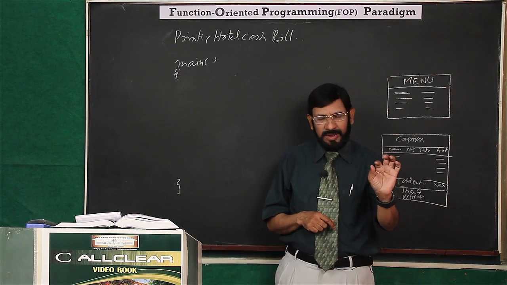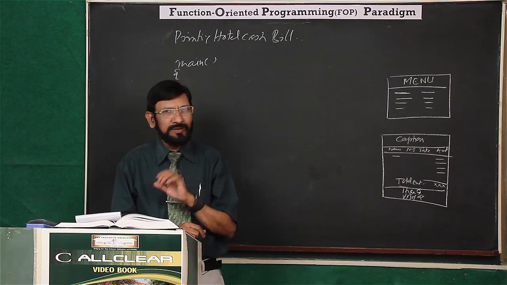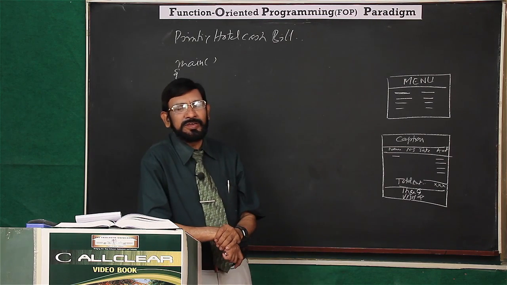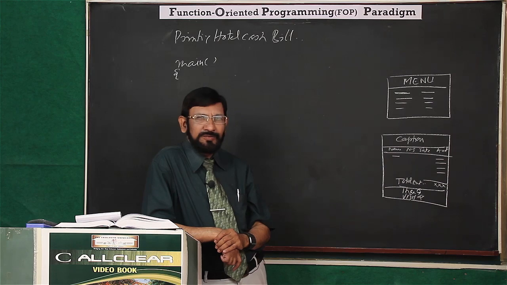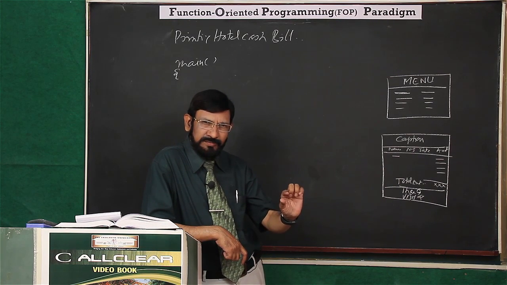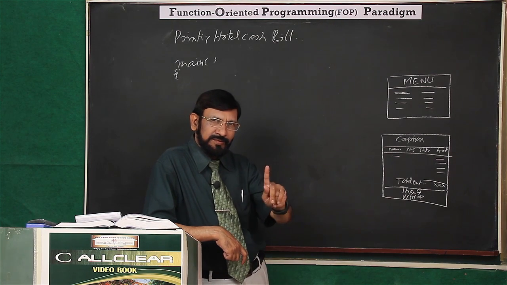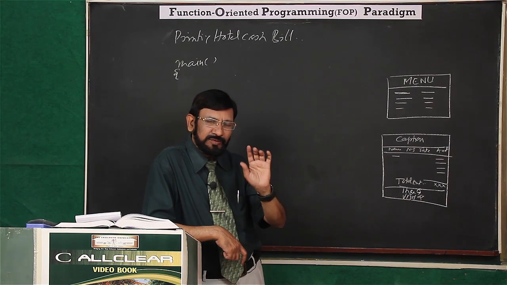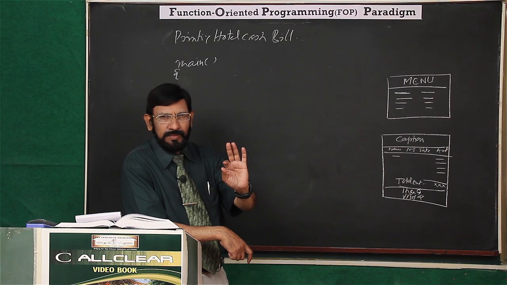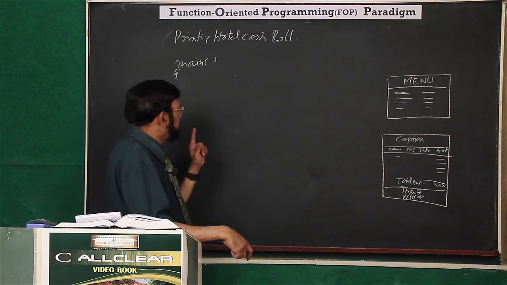Calculate total marks, calculate average marks: we can name these very comfortably. Suppose both tasks are given to one function, which name do you give? A lot of confusion. That's why, if you are able to give a name to a function very easily, then you are on the right path. Otherwise, just think twice. So, whether it is big or small, every independent job you entrust to a separate function. That is the basic principle you must adopt.